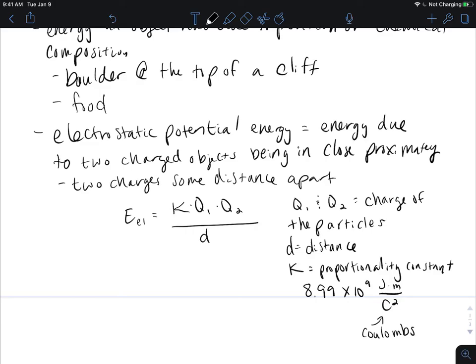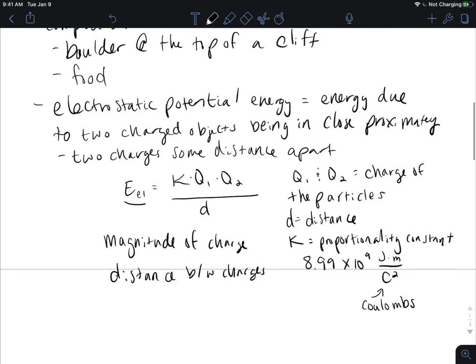Okay, so what this basically says is that we have two charges, the magnitude of the charge and the distance between the charges are going to affect how much potential energy we have between the two charges.